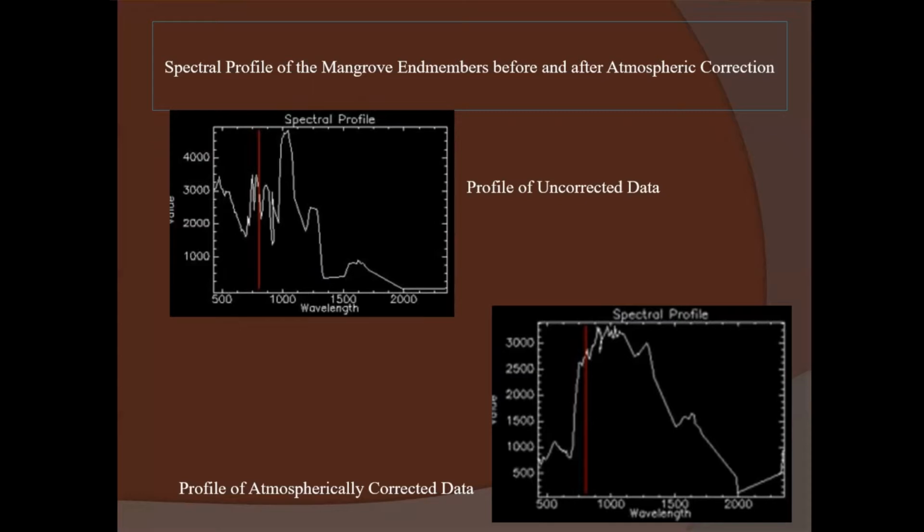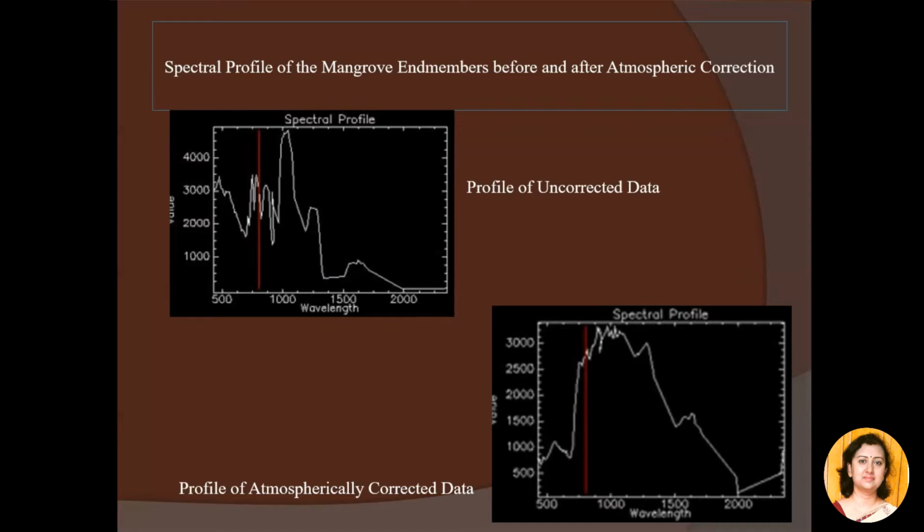But after application of the atmospheric correction algorithm, the image on the right-hand side represents a correct signature of vegetation. So this is how one can prove that the data has been atmospherically corrected.